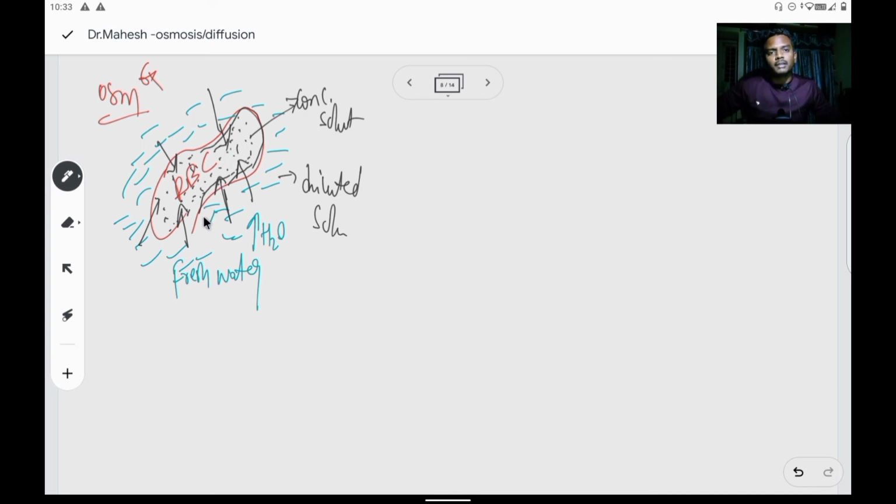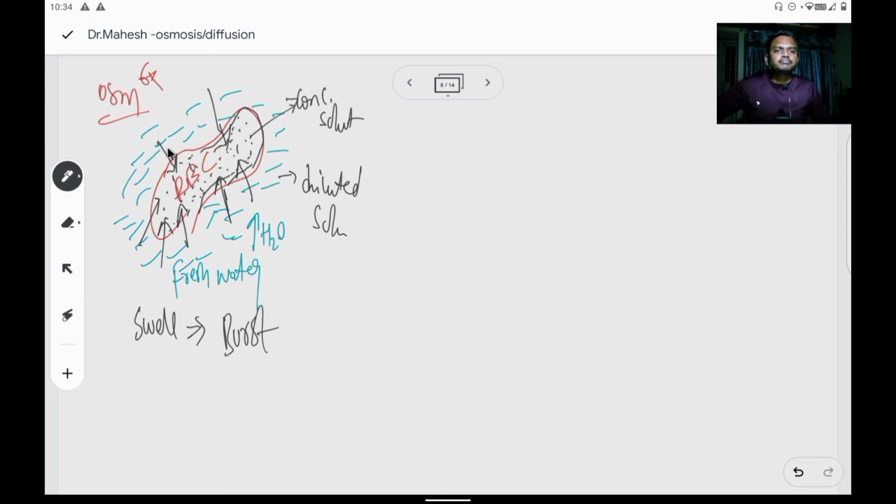Because of that, water enters inside and the cell will swell and burst eventually. Okay, this is one example of osmosis.